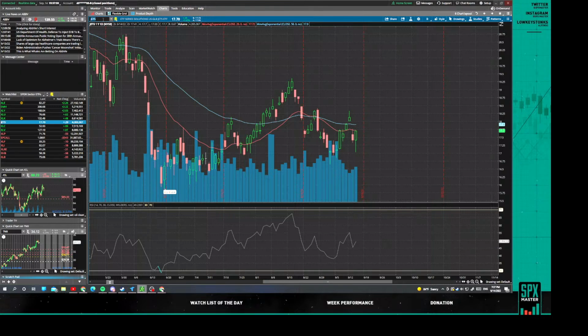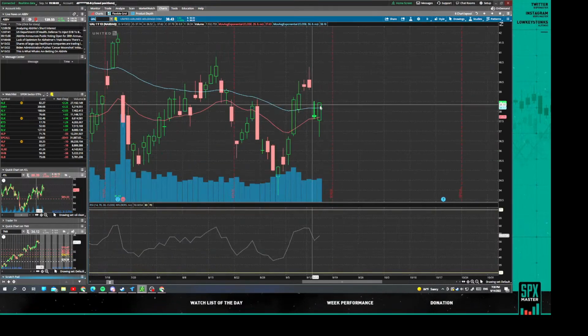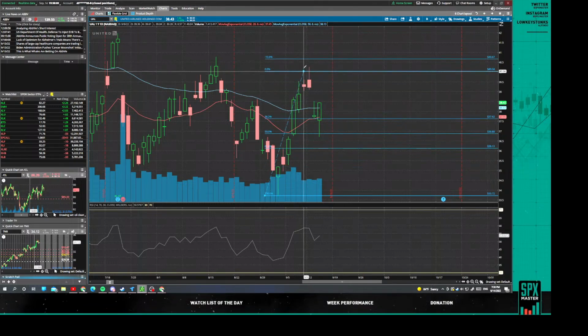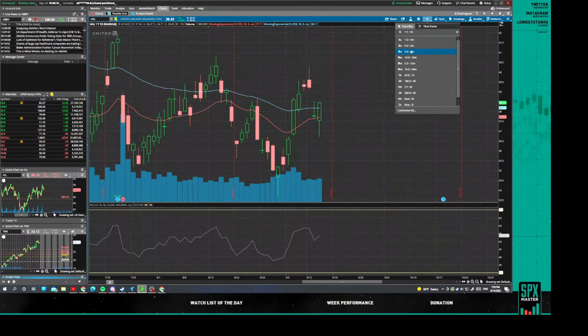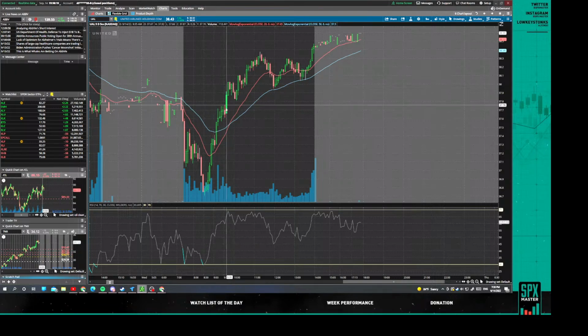But if you look at different setups right here, like UAL, it's holding above the 20. It's unable to break lower. The whole session it was going up, I believe, bouncing around the 50% retracement. And if tomorrow ends up being a green day, look at this name right here. I mean, the market was kind of sideways to down until the close.